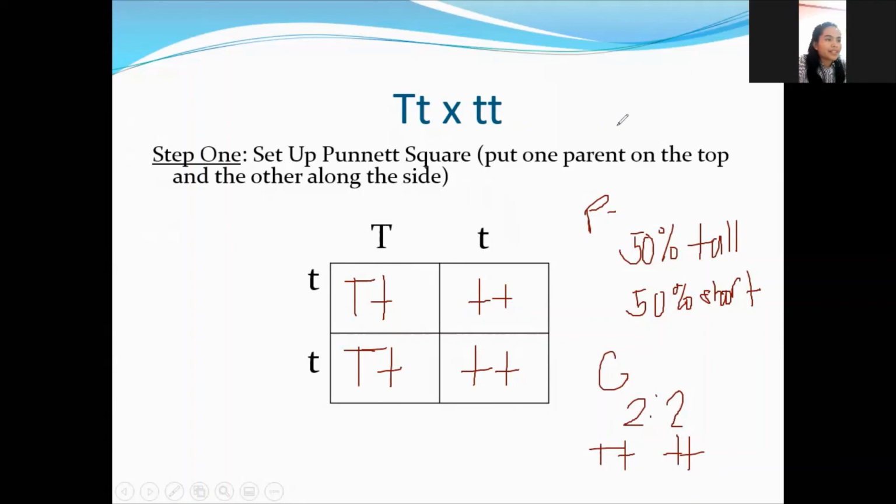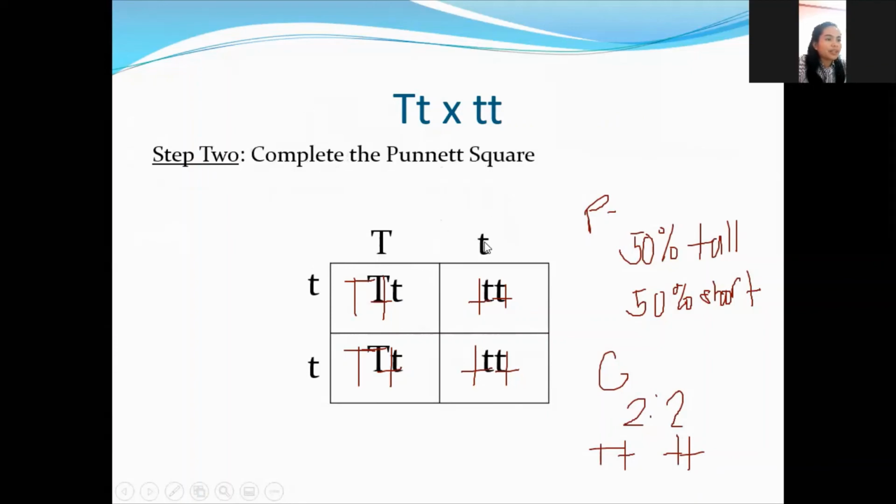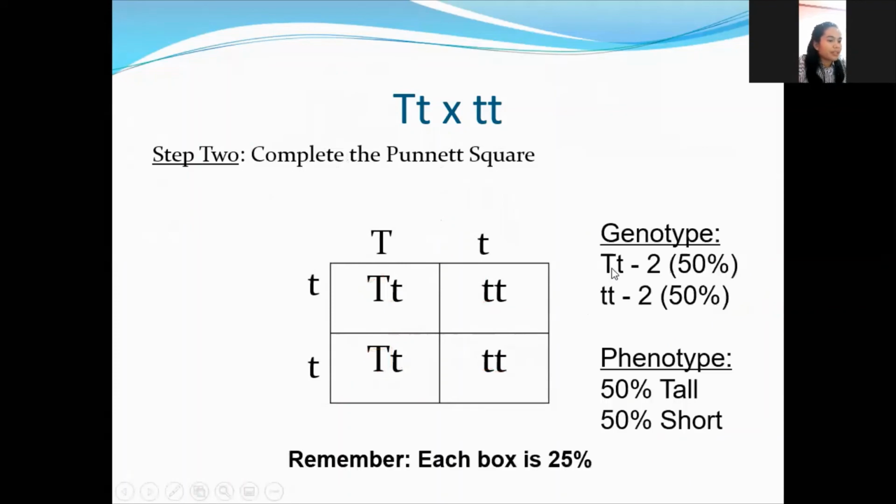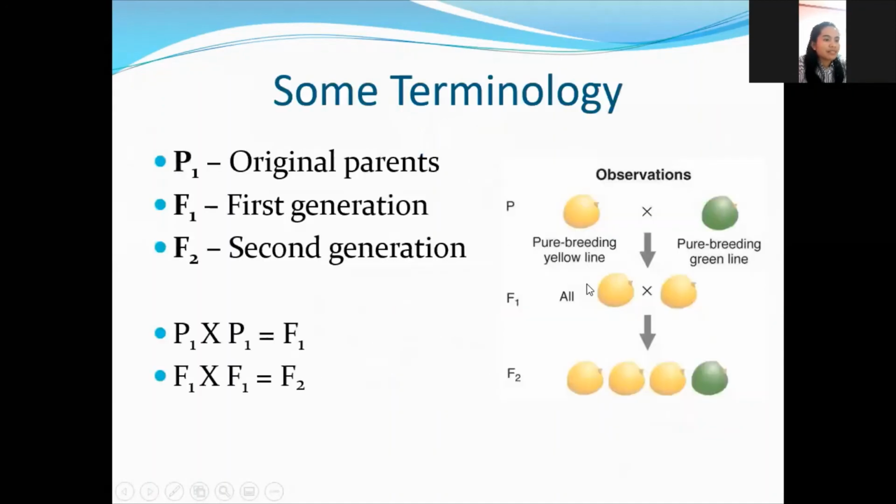Okay, so that's it for our Punnett square. Okay, so let's check your answer. Right? Correct. 50% tall, 50% short. So 2:2, which means 2 for 50% tall or heterozygous, and 2 for homozygous recessive.